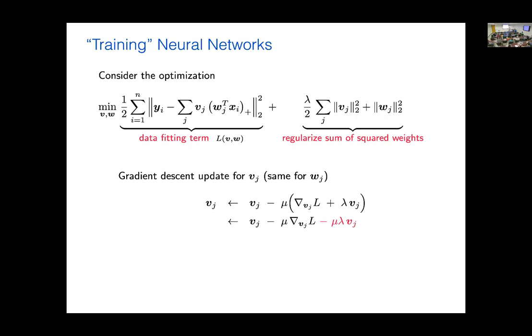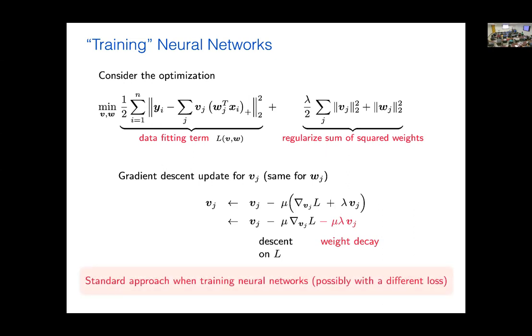And so we can break that into two terms, the loss term and this other term. And the thing I'm showing in red, that's this idea of weight decay. You're just taking a step in the gradient direction, and then you make it a little bit smaller by removing something proportional to the weight vector itself. So that's where the name weight decay comes from. Good? Okay.